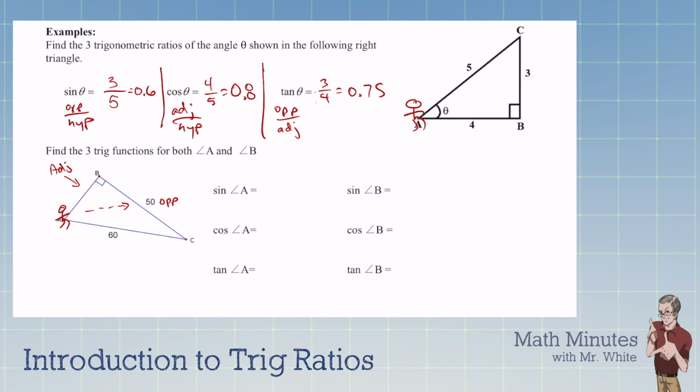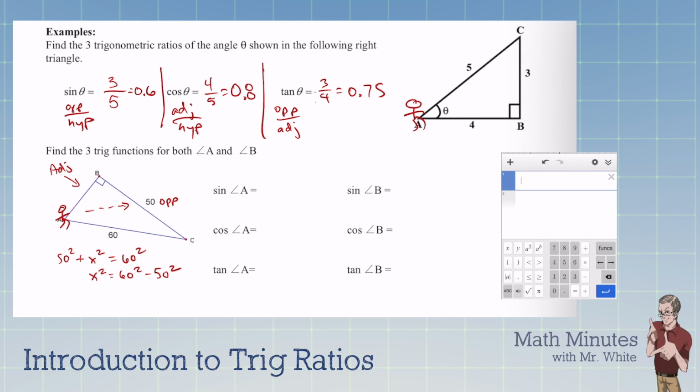How could we do that? Well, we've learned Pythagorean's theorem, right? So 50 squared plus x squared equals the hypotenuse squared. Okay, so x squared equals 60 squared minus 50 squared. Now I've got the Desmos calculator all lined up off to the side here, so we can actually type this in. 60 squared minus 50 squared is 1100.